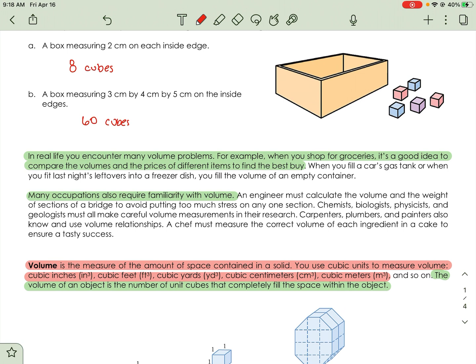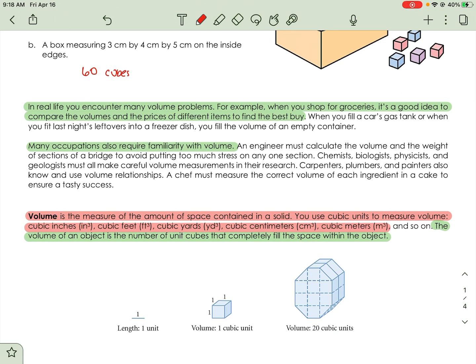And then you might also come across this in a job. Engineers are asked to calculate the volume and weight of sections of a bridge to avoid putting too much stress on any one section. Chemists, biologists, physicists, they all make use of volume. Carpenters, plumbers, and painters, they all use volume as well.